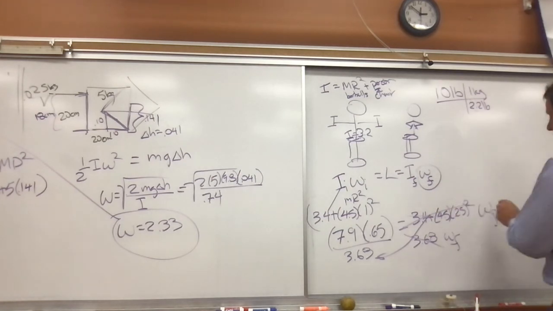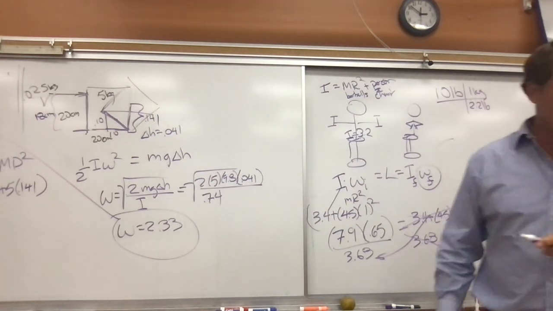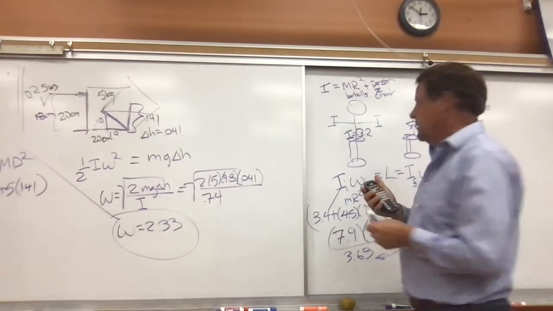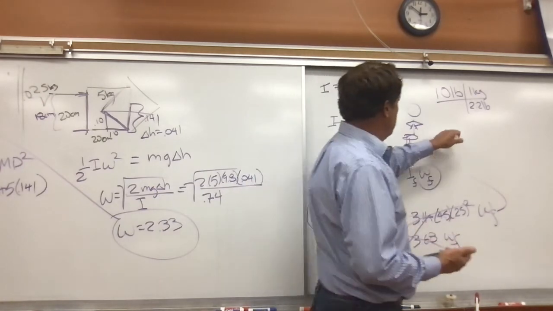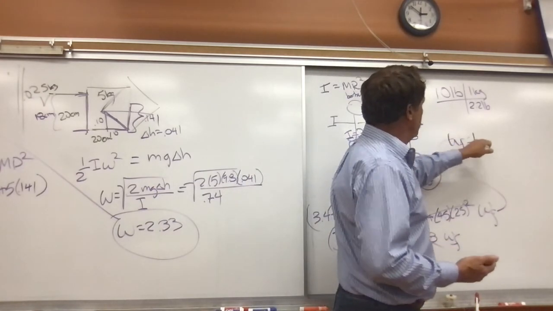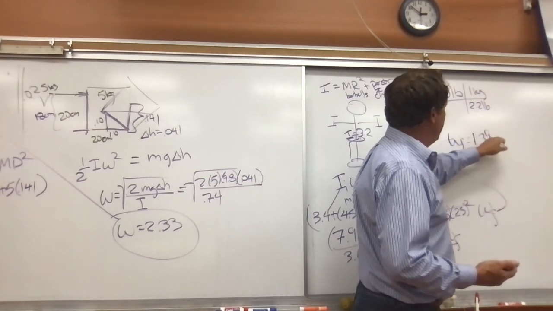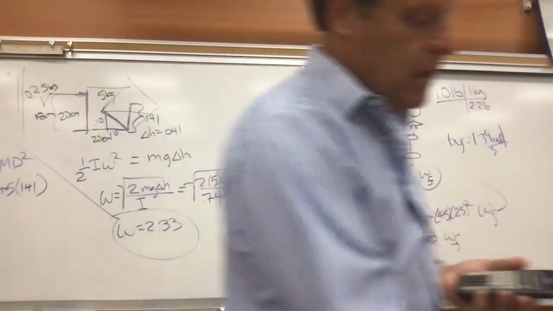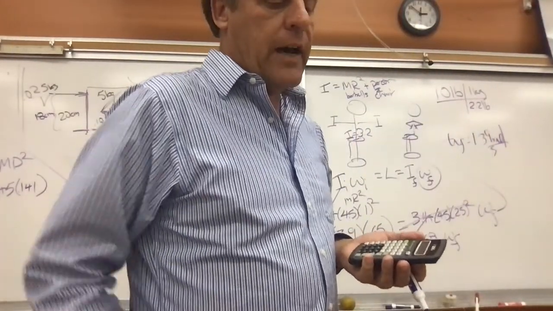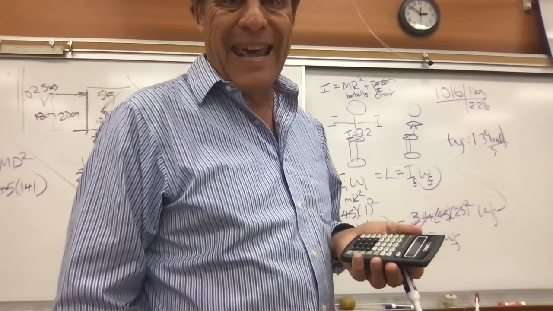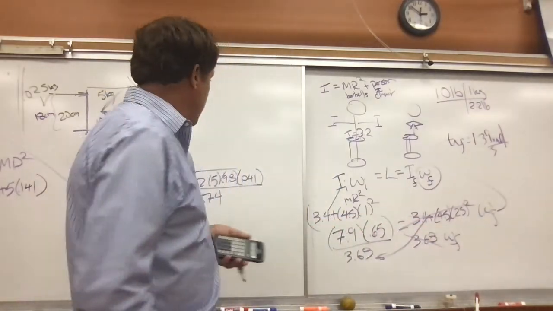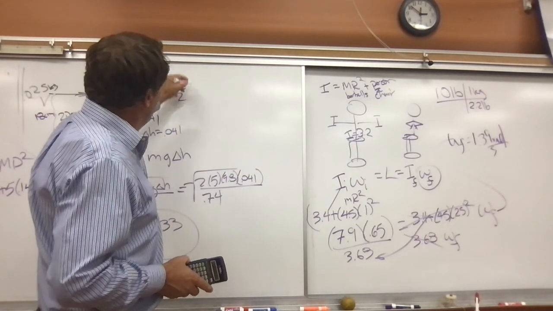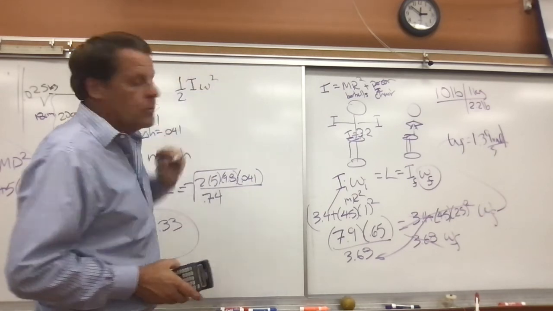So our omega, and this is problem number 26, omega final is going to equal 1.39 radians per second. Okay, so now find the change in kinetic energy. Now, our kinetic energy, and you guys, I'm going to do this up here, our kinetic energy is 1/2 I omega squared.